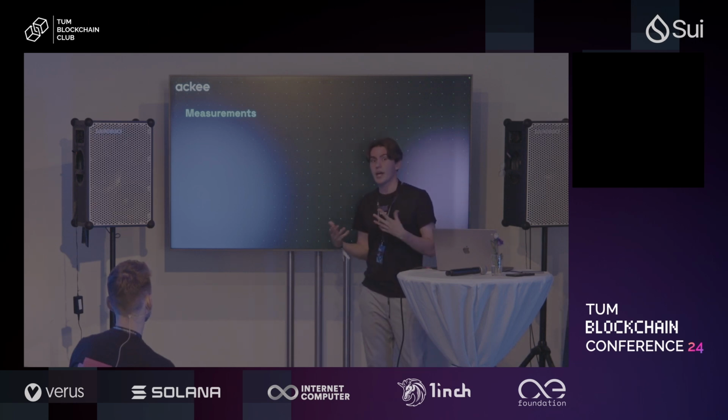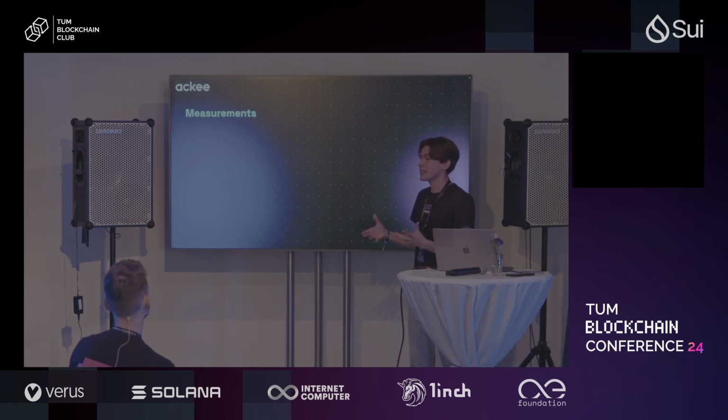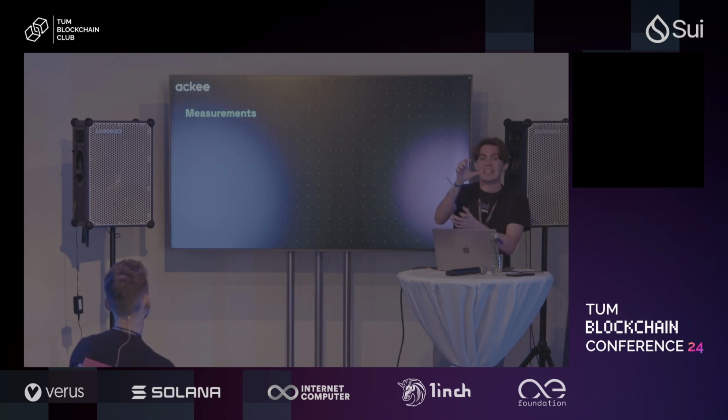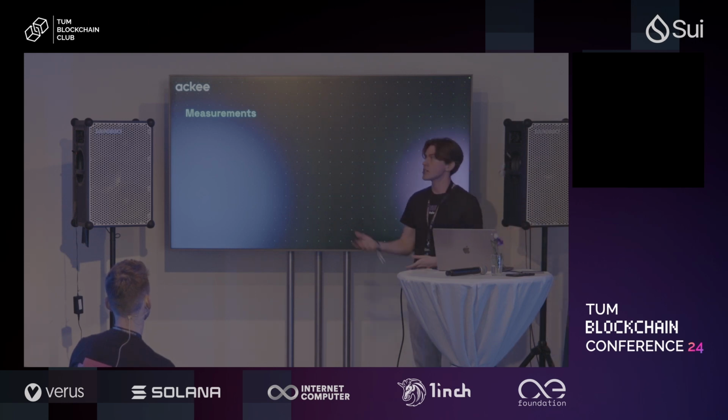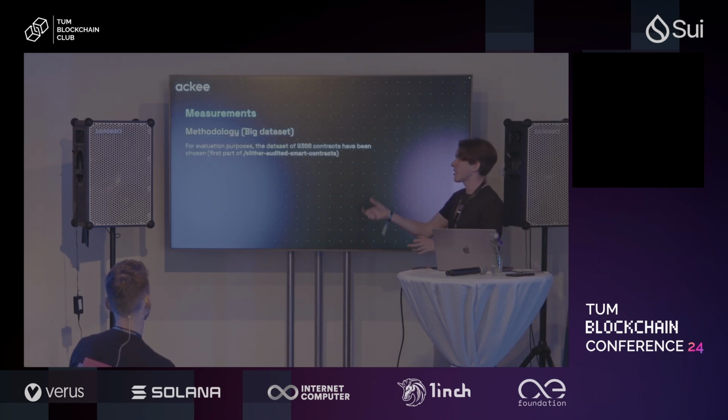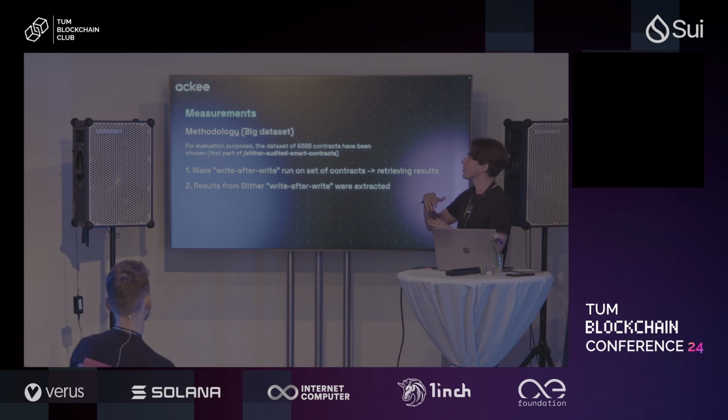Okay, when we implement a detector, we want to evaluate it somehow. And what is a better way to evaluate it than to compare it with a detector implemented in another framework? So we took Slither's implementation of the write-after-write detector and ran it on the same dataset of almost 9,500 contracts, and we extracted the results.